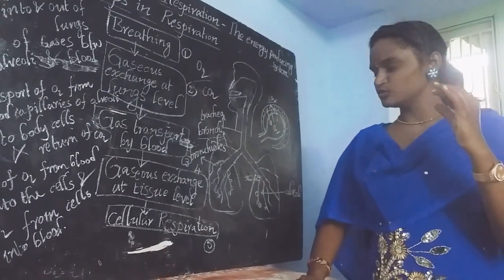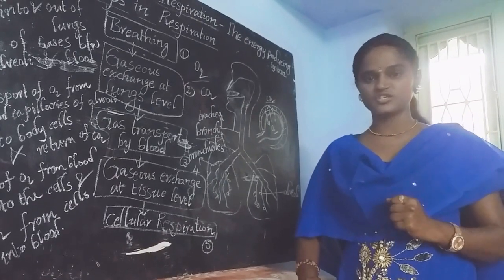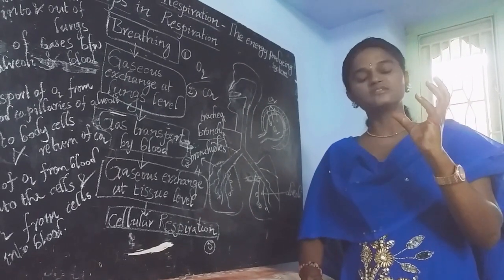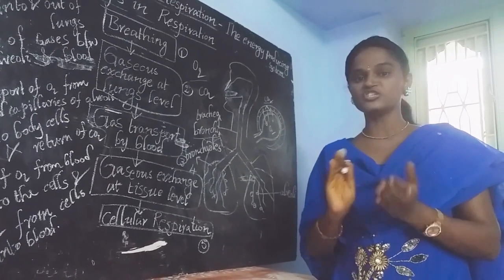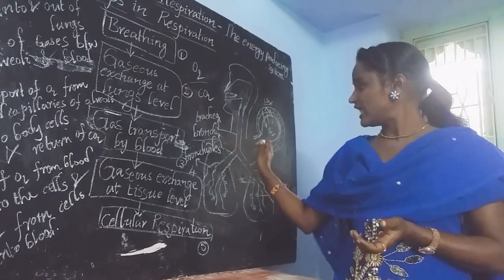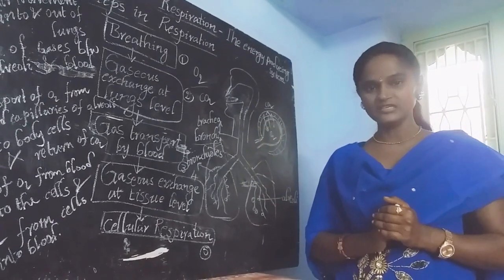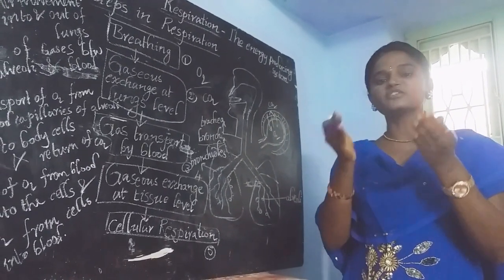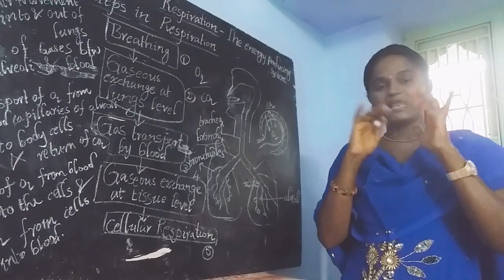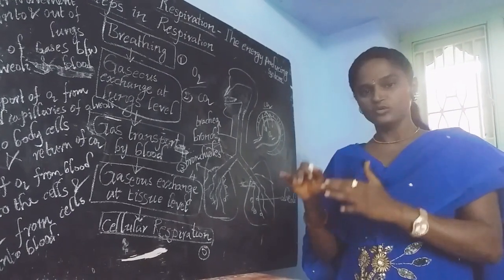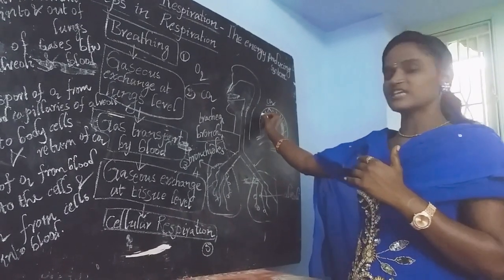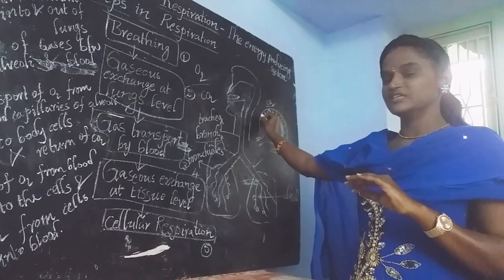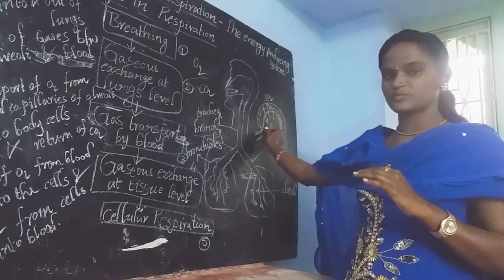First, during the starting stages of respiration, the alveoli is rich in oxygen. Whenever the gaseous exchange takes place between alveoli and blood capillary, the carbon dioxide present in the blood capillary enters into the alveoli, and the oxygen present in the alveoli enters into the blood capillary. Like this gaseous exchange takes place.